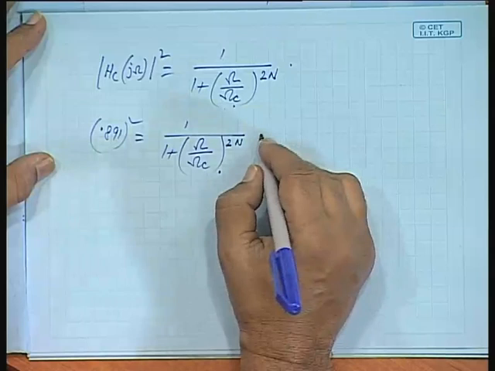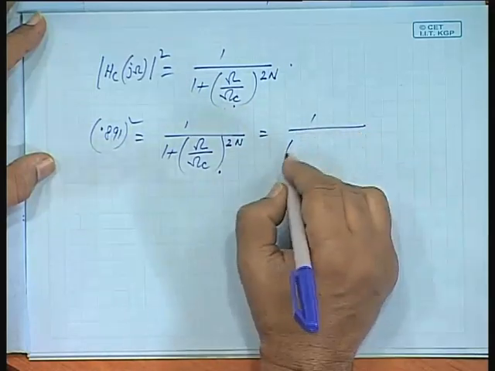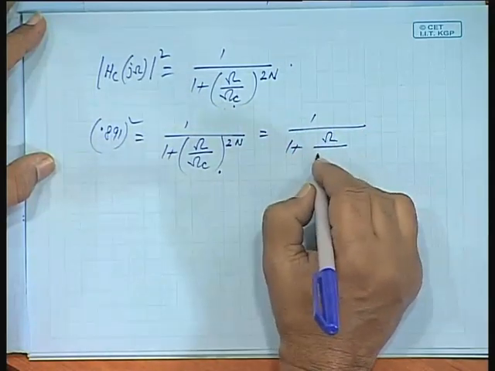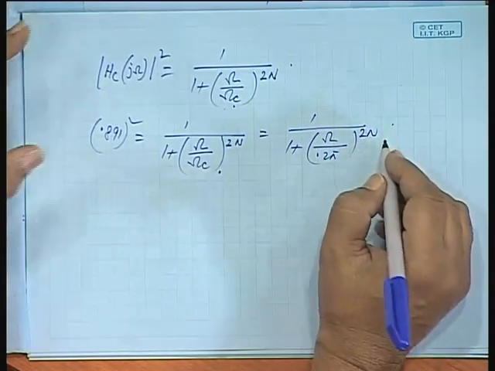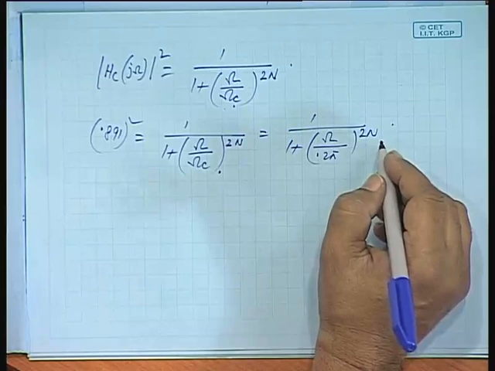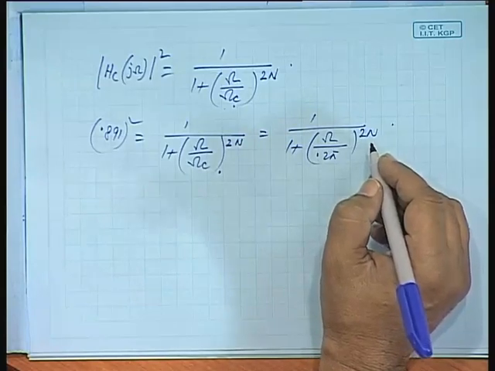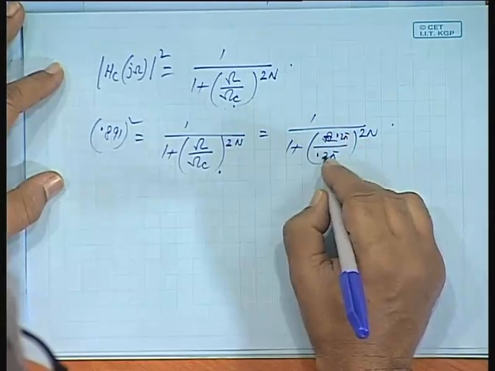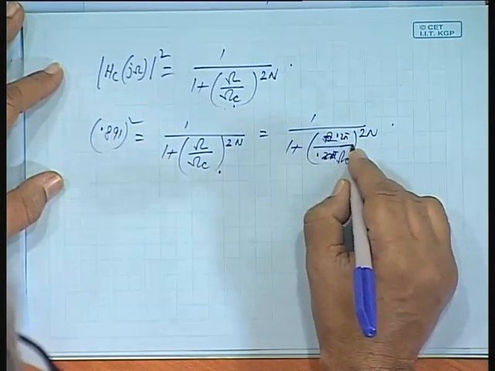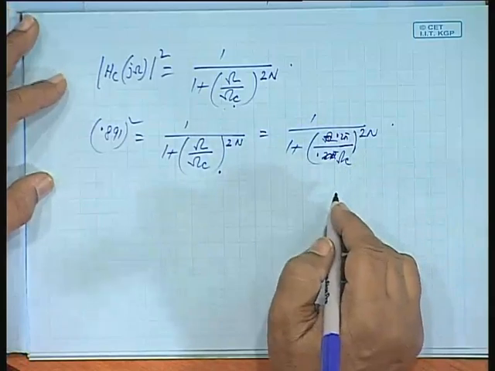Okay. The other way around, sorry, 0.2 pi by omega c, omega c is unknown.